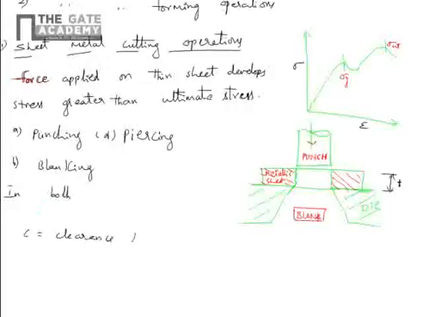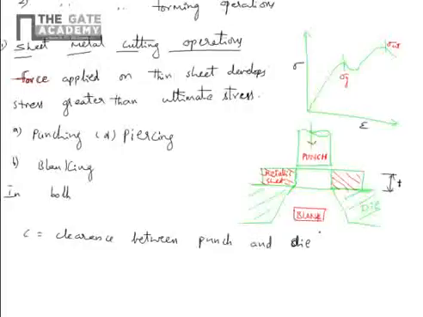If clearance is more, then the sheet can bend and form a cup shape. That is called deep drawing or cup drawing. But here clearance is very less, less than 5% or 10% of the thickness.